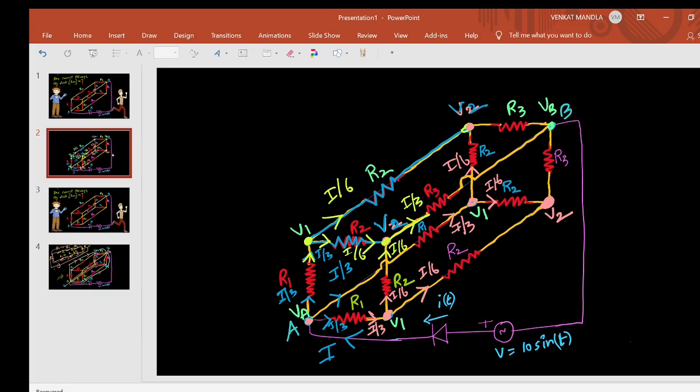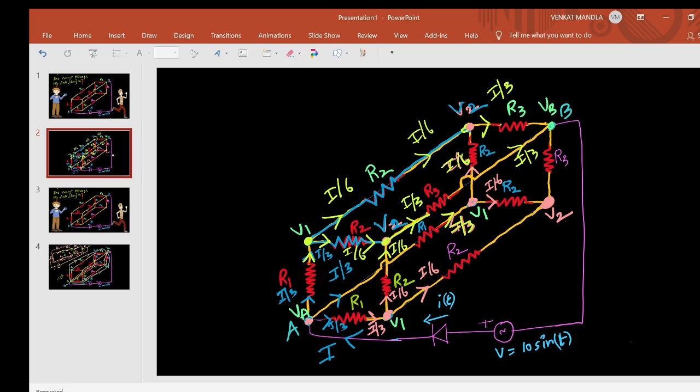Next, here I by 3 current and here also I by 3 current is flowing. Now here I by 6 is flowing, and here also I by 6 is flowing. These two add, and you get I by 3.